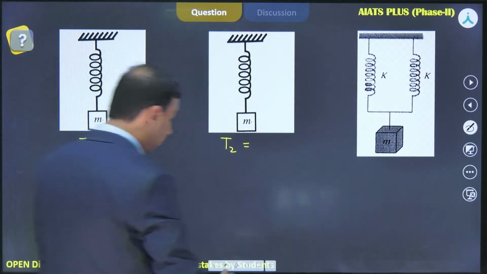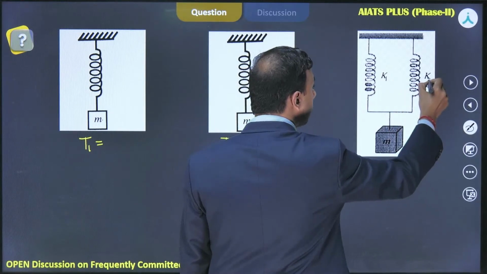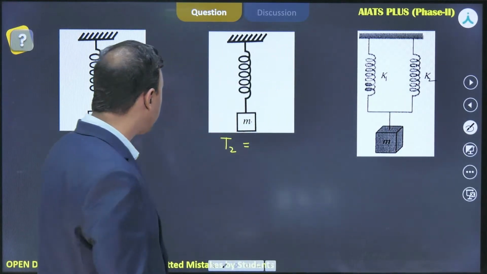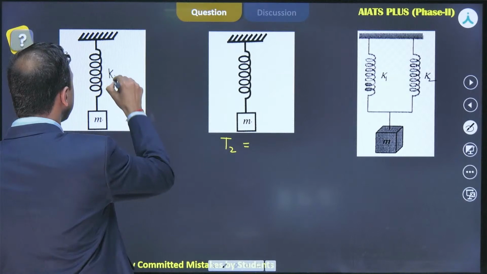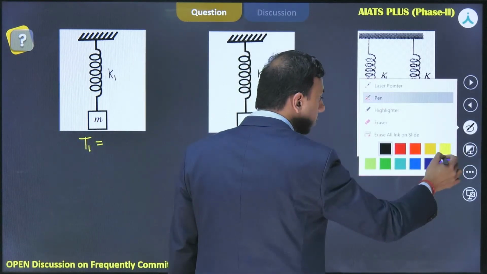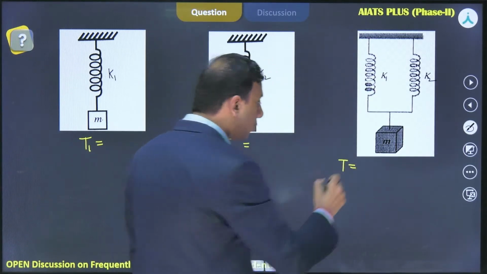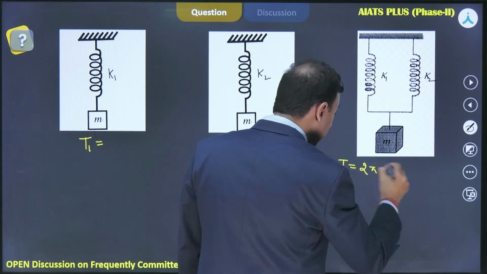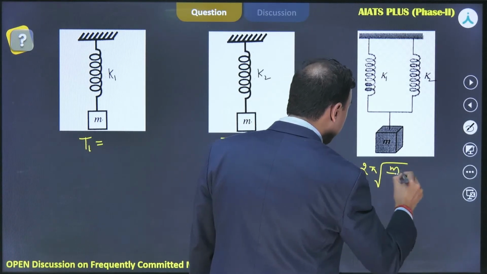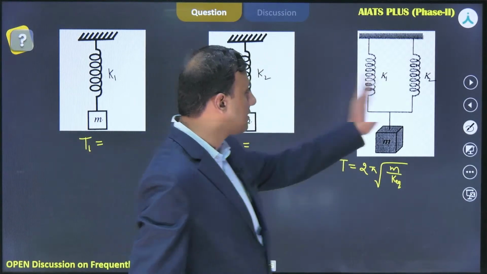The K equilibrium is different, right? So let's say one is K1 and another is K2. And here they are asking the time period, so you have to find the time period over here. So what would you do? 2 pi under root, the same formula, m by K equilibrium. That formula remains the same. But something is different now.